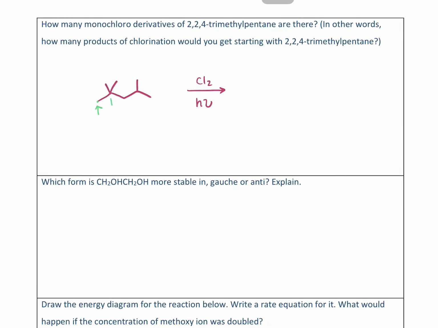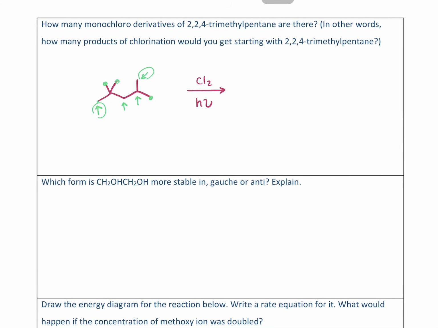And then here you can't put a chlorine because you already have 4 carbons around that carbon. You have 4 bonds. So the next one would be here, and then you can put one here, and then one here. And then notice how you can't have any chlorines on these carbons because they're identical to these two.